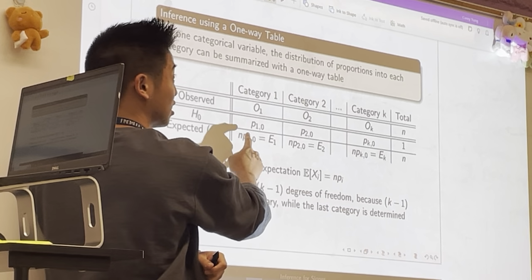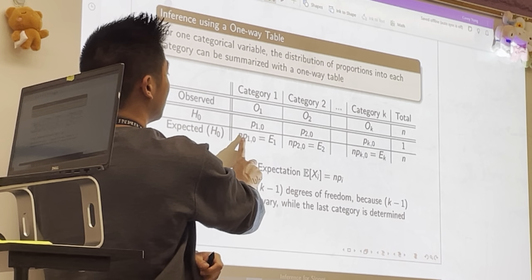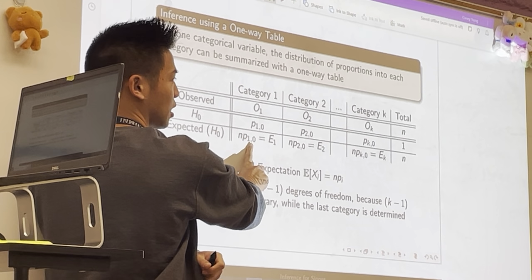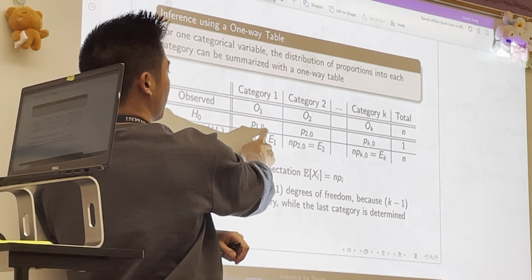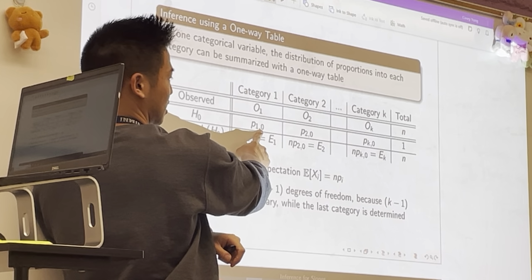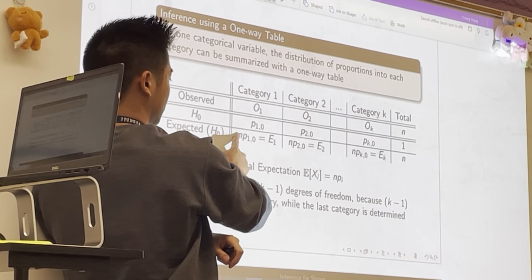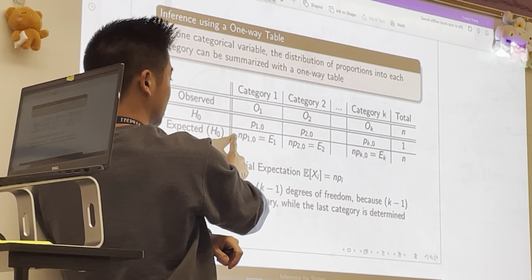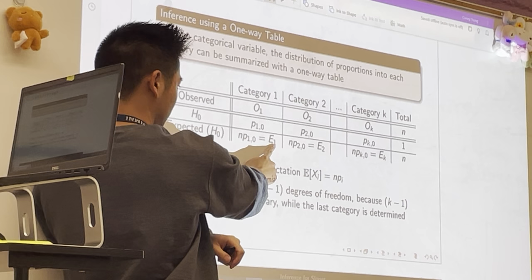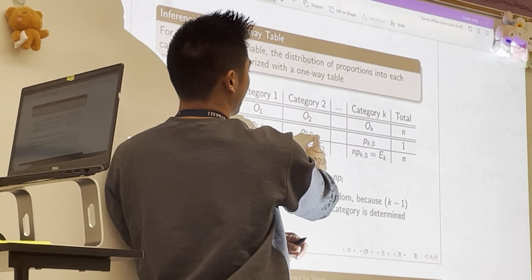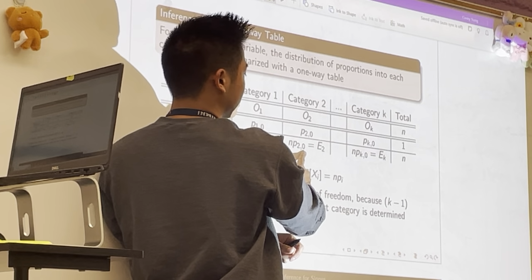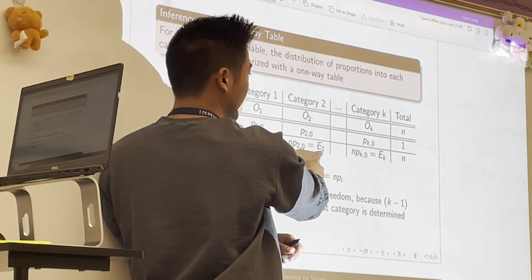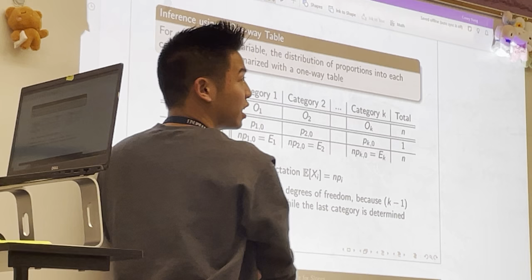So the expected counts, going back to that picture with the boxes, is just n times p, right? So n is right there, and I expect p1 naught of that n observation sample should fall into this category. This is my E1. I should expect p2 naught percent of the sample to fall into this category, which is E2, and then I just do this across all categories.